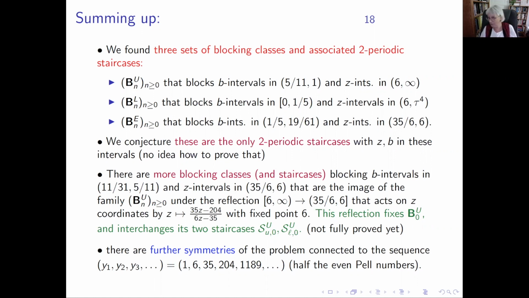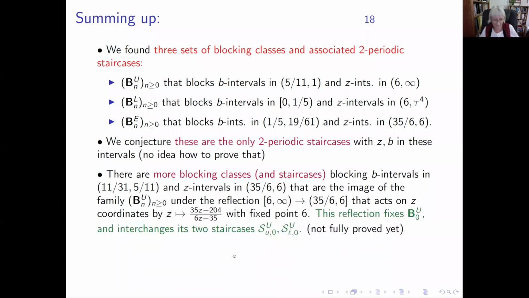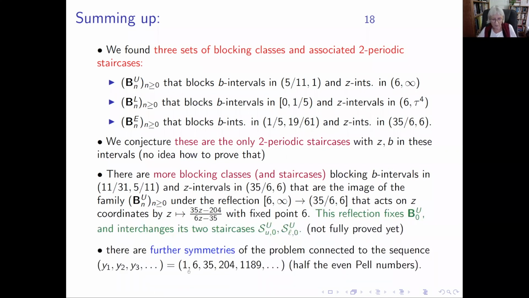And there are further symmetries of the problem connected to the sequence of numbers, which when you look up the atlas of sequences of numbers is actually called a bisection of the even Pell numbers, or the half a bisection of the Pell numbers. And what it means is you take the Pell numbers, take the ones in even places and then divide them by 2.